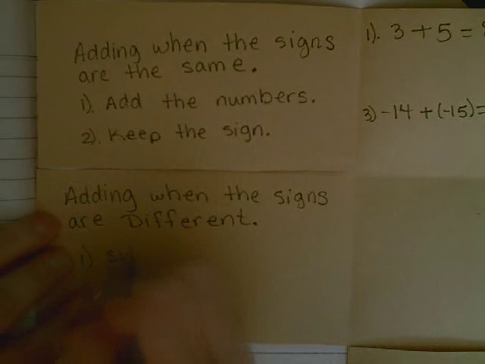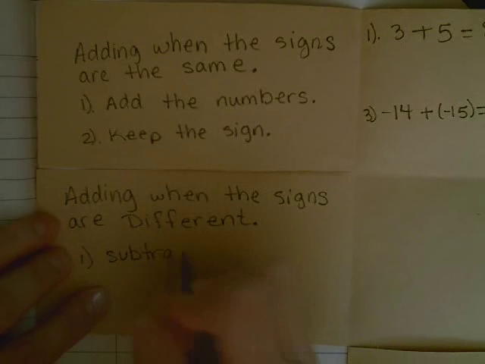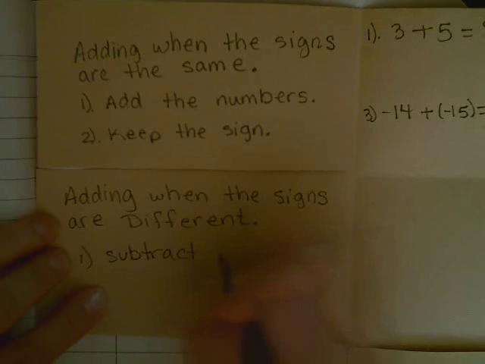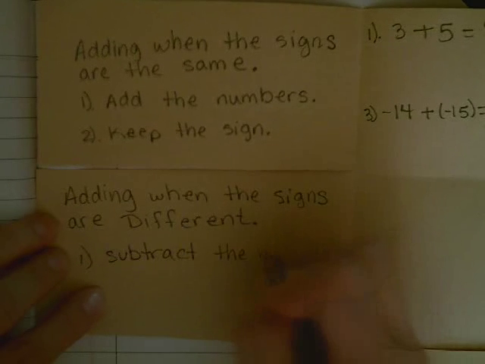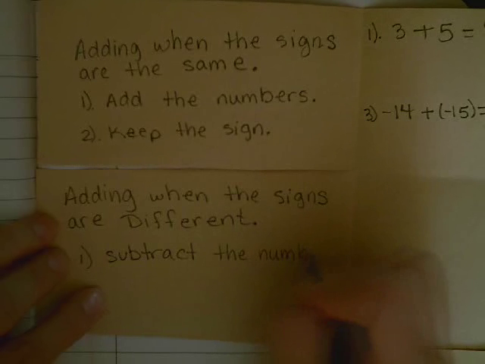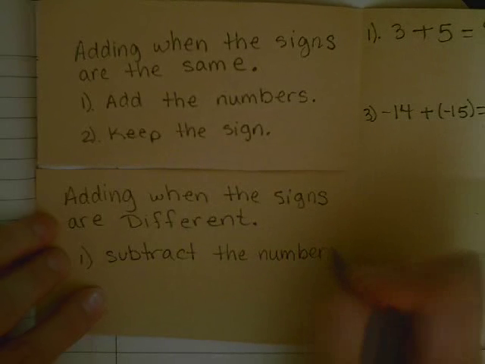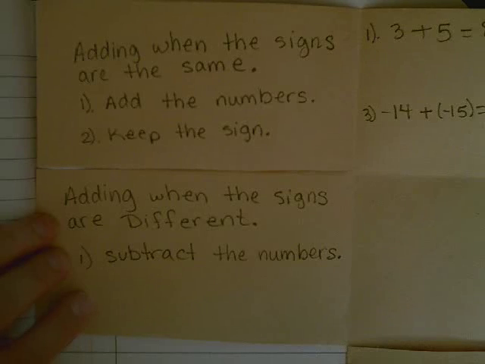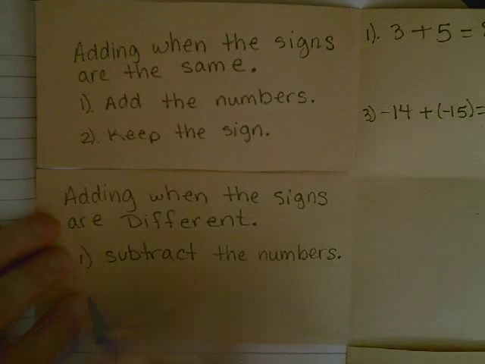First, you're going to subtract. If my signs are different, you're going to subtract the numbers. Just ignore whatever signs are there for now and just subtract the numbers like you normally would. The thing to remember: different is like difference. We know when we're finding the difference of something, you're subtracting, right?